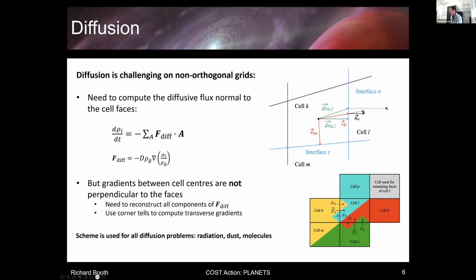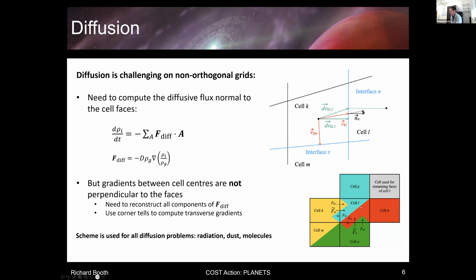When you have a non-orthogonal grid, you find that the lines between the centers of two cells are no longer perpendicular to the interface. And that means that to get the fluxes, you have to recompute essentially the gradient of the quantity you're interested in, here the dust density, in 2 dimensions. So both along the line between the cells and perpendicular to the line between the cells.